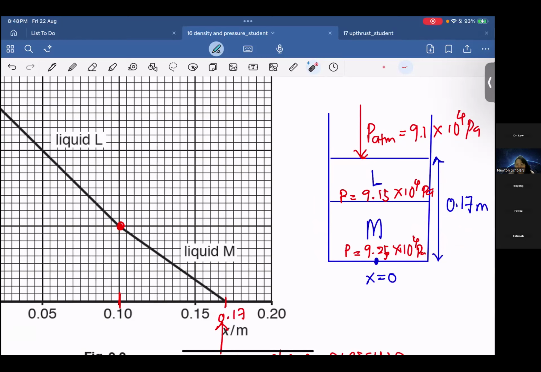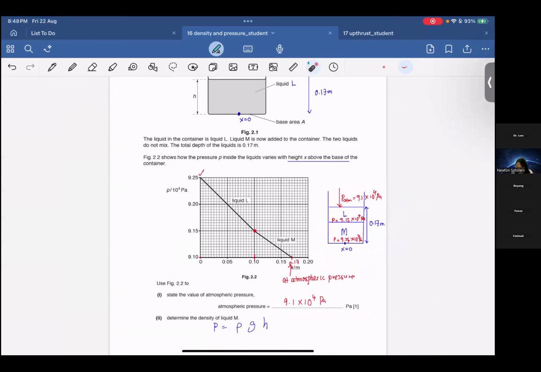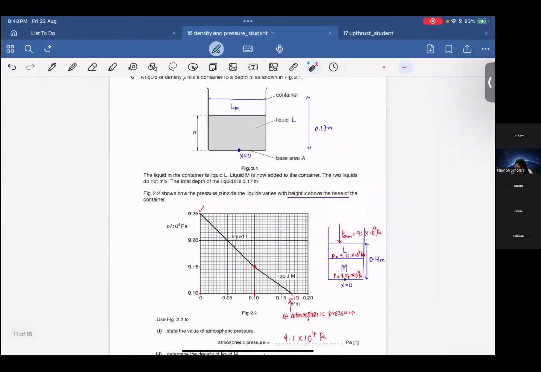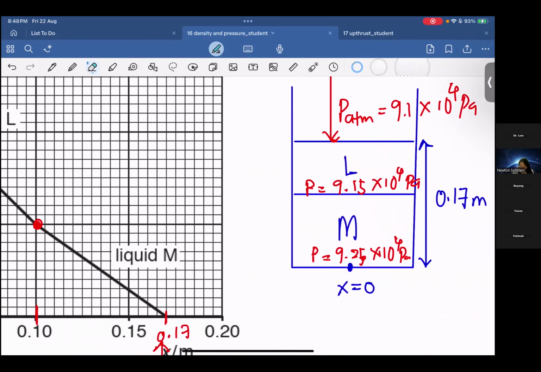Okay? So at here, L is at the bottom. No, no, L is at the top. Eh, L is at the bottom. Oh, yeah. Today I'm so blur. Several of you corrected me.